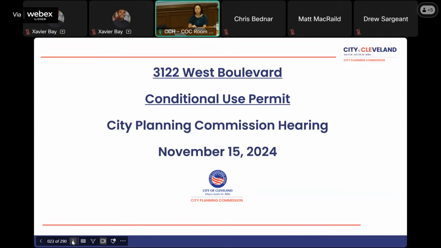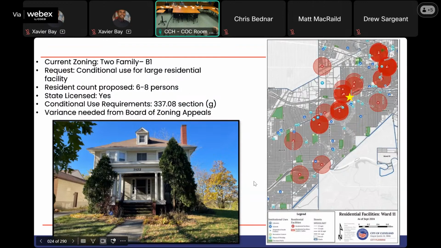Today I'm presenting to you the conditional use needs for this proposed project at 3122 West Boulevard. The current zoning of this project is 2-family residential district. They're requesting a conditional use for a large residential facility, which is categorized as anything containing 6 or more persons.